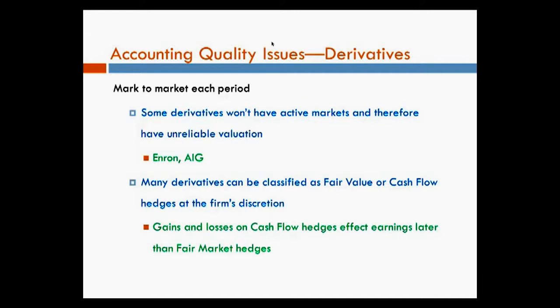Quite often firms have the choice of whether to classify as a fair value or a cash flow hedge. Remember, cash flow hedges go to net income later because they go to other comprehensive income. So therefore, you might have a preference to do one rather than the other.